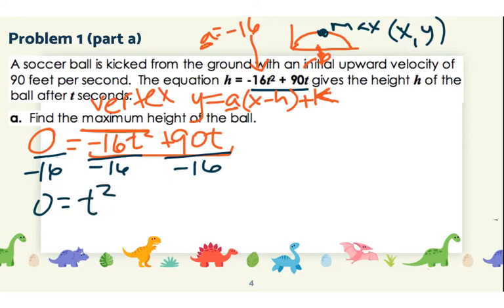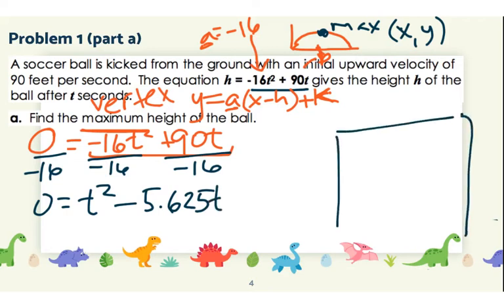And I can keep this as a fraction, but if I put that in my calculator, the decimal isn't too long, so I'm actually just going to write the decimal version. 5.625t. Okay, so now let me make my perfect square, and I am not drawing this very well, but it should be a perfect square.